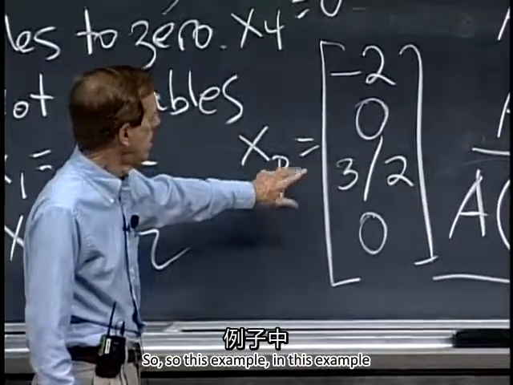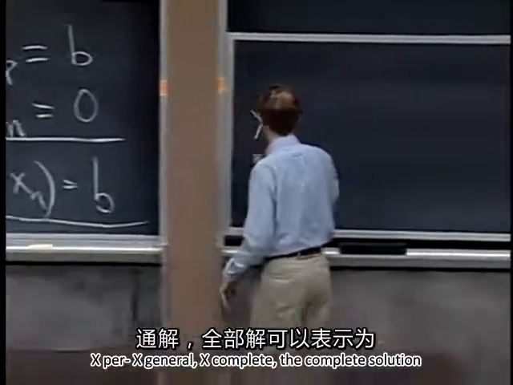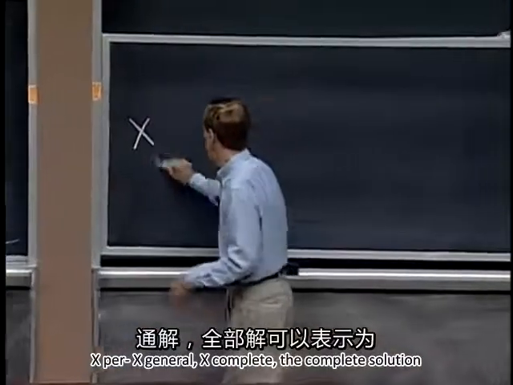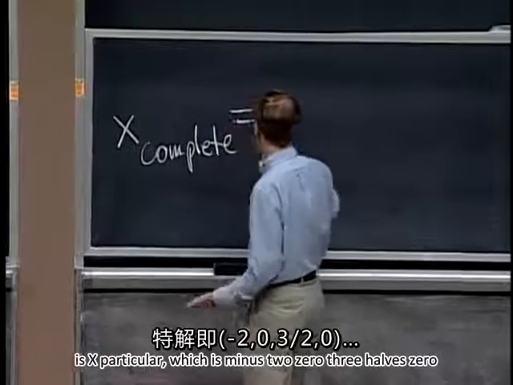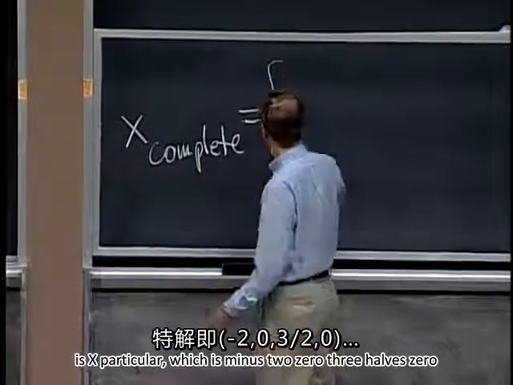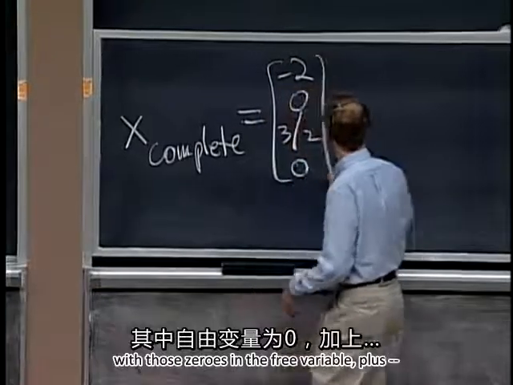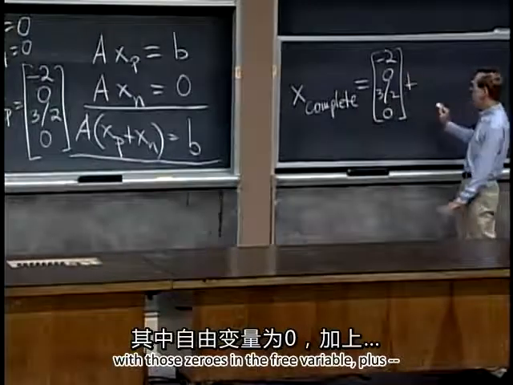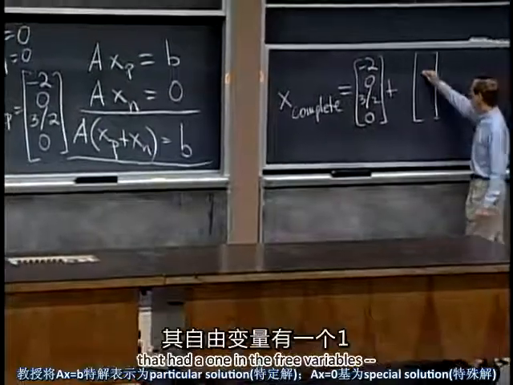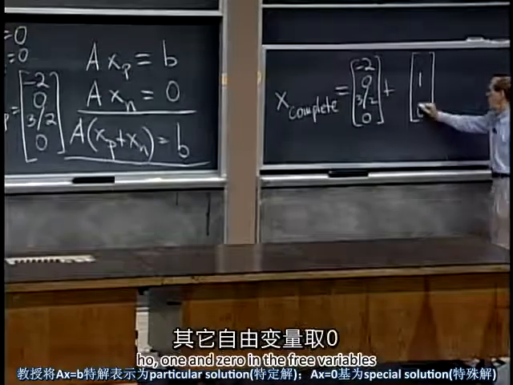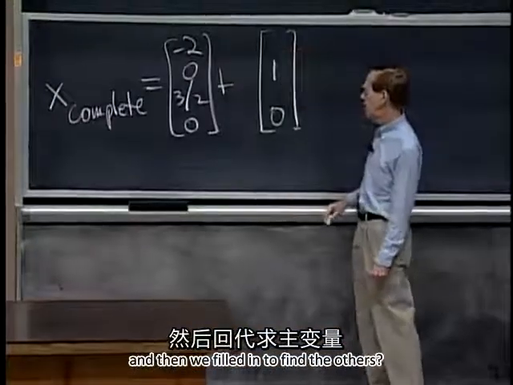In this example, x complete, the complete solution, is x particular, which is minus 2, 0, 3 halves, 0, with those zeros in the free variables, plus the special solutions in the null space that had a 1 and 0 in the free variables, and then we filled in to find the others.